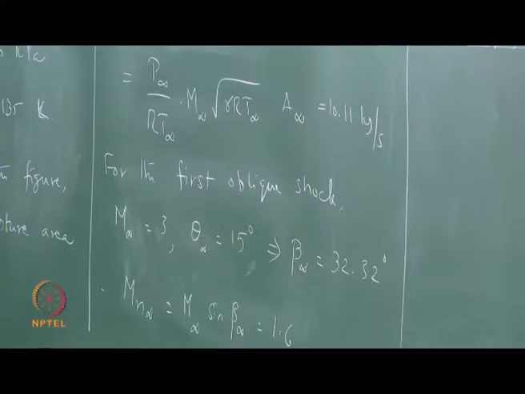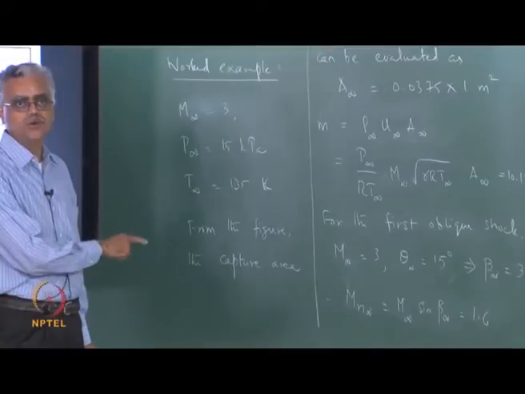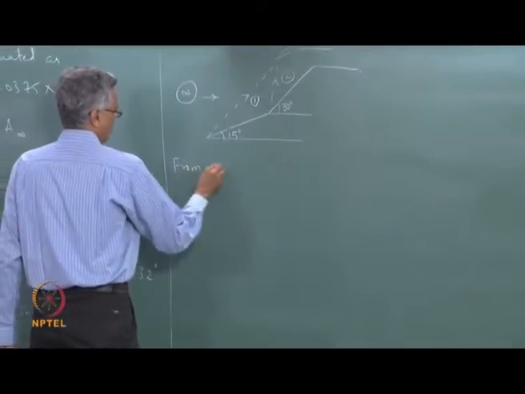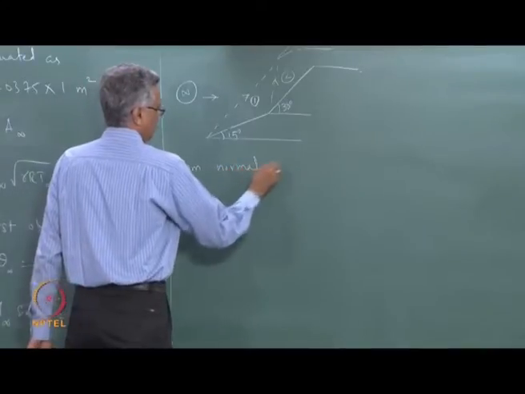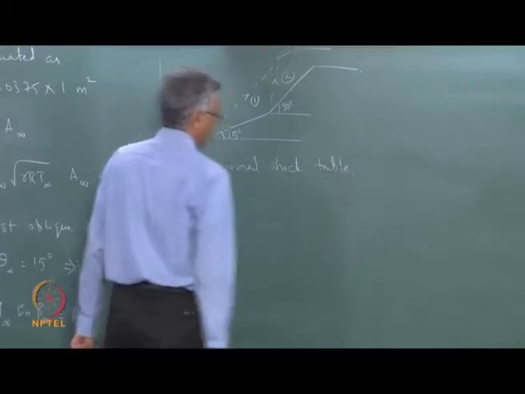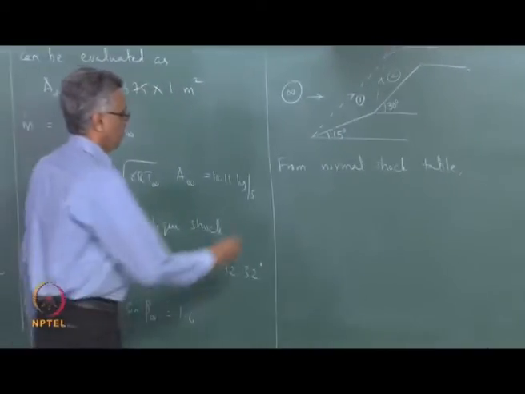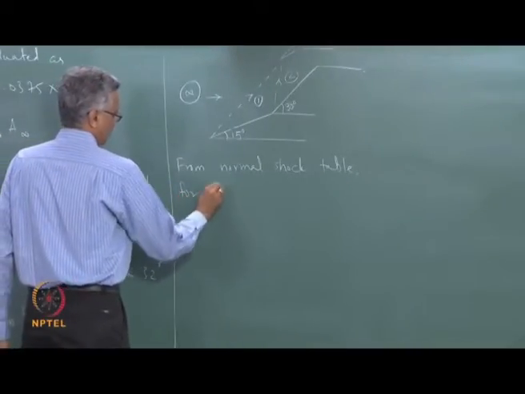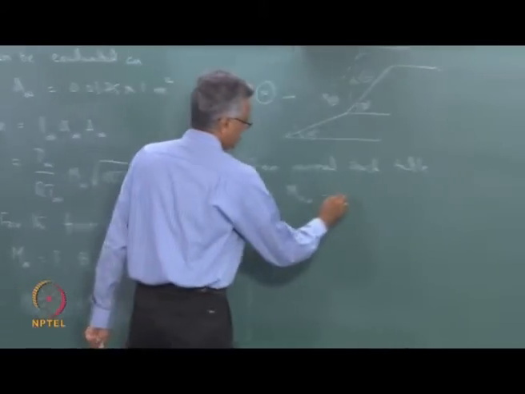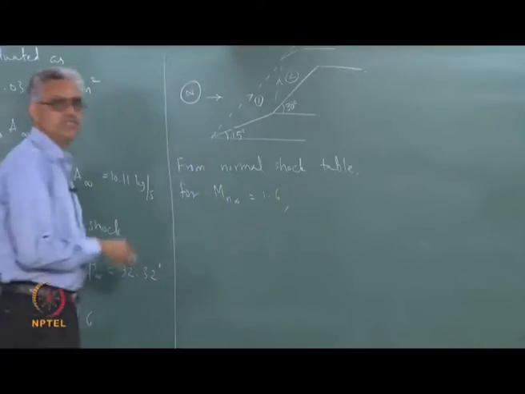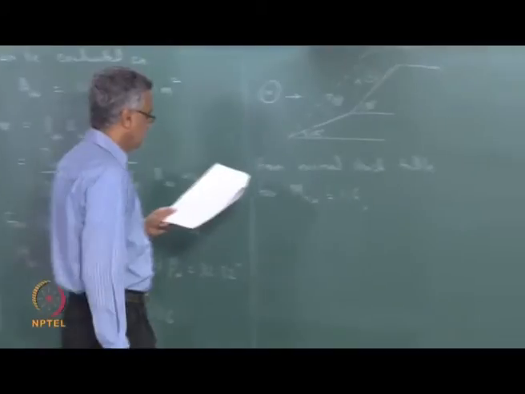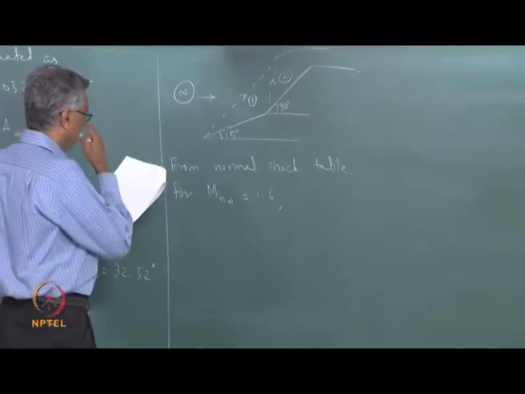So, we now go to the normal shock table with this value of M1. So, from normal shock table, for Mn infinity equal to 1.6, remember this becomes M1 when I go to the normal shock table. So, we retrieve the values from the normal shock table.